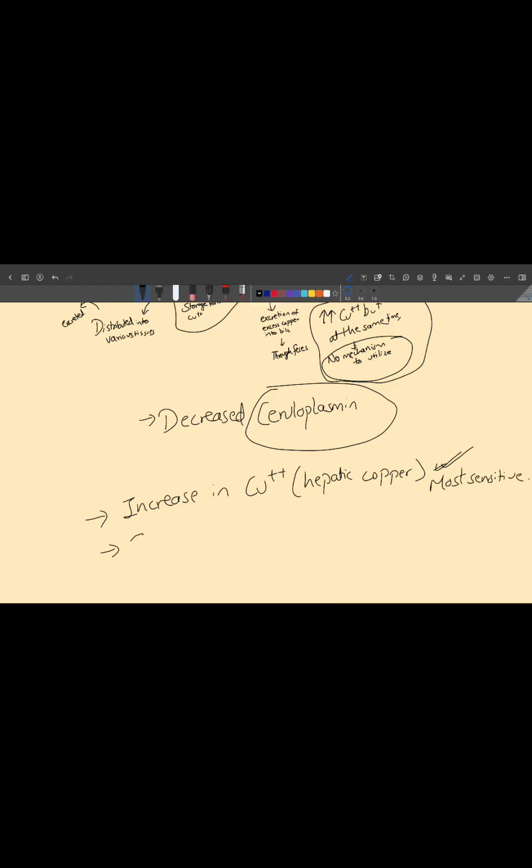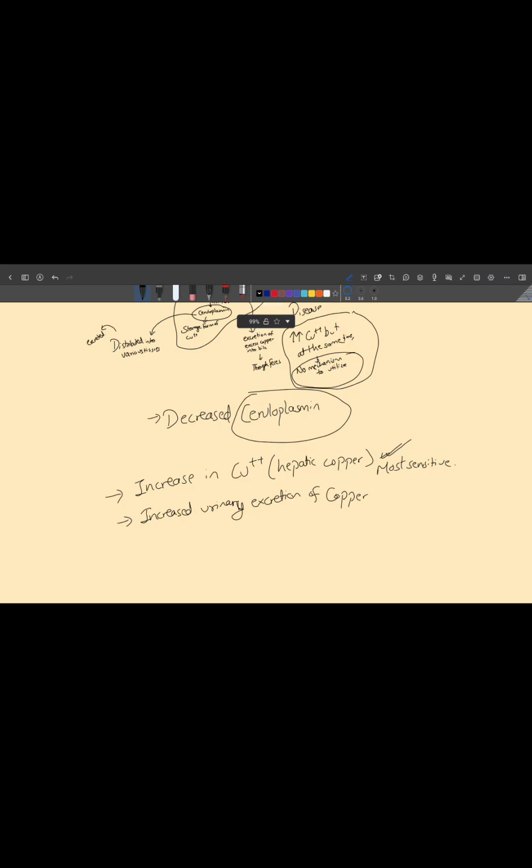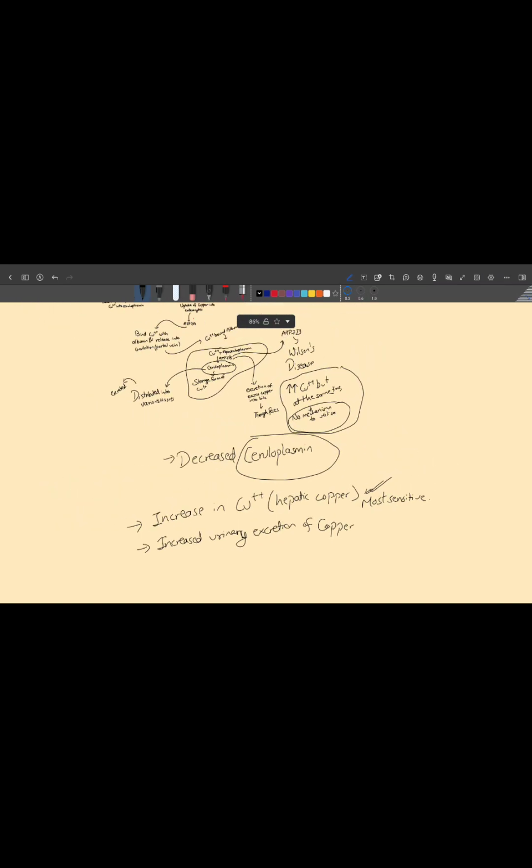Another one is increased urinary excretion of copper. There is an increased level of copper in your blood, and it will reach the renal circulation and eventually the kidneys, and then be excreted. So increased urinary excretion of copper is one way to diagnose Wilson's disease.